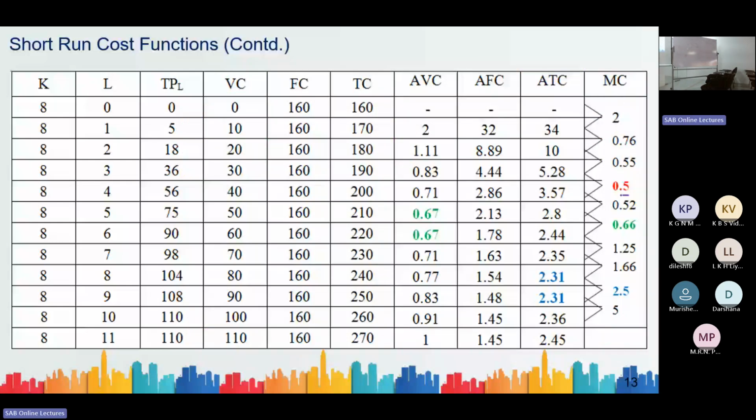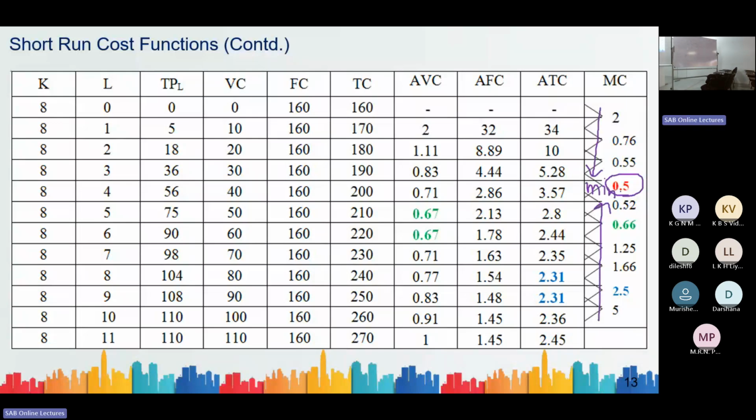The marginal cost is minimum at this point. Initially it decreases and reaches the minimum point, and afterward it increases.